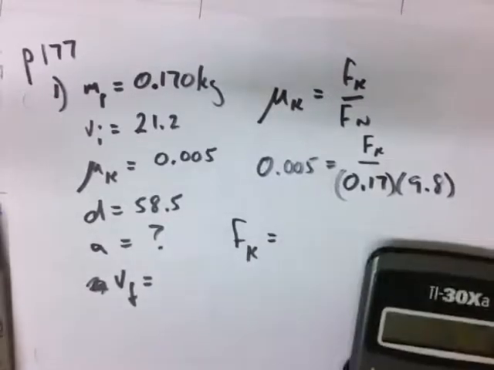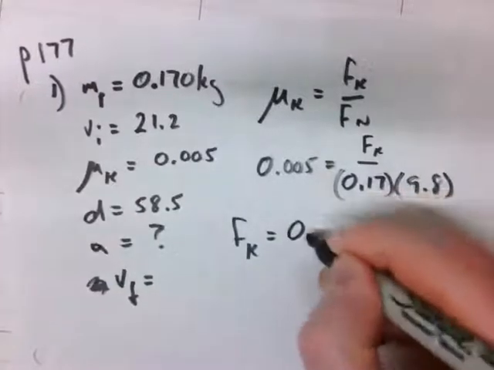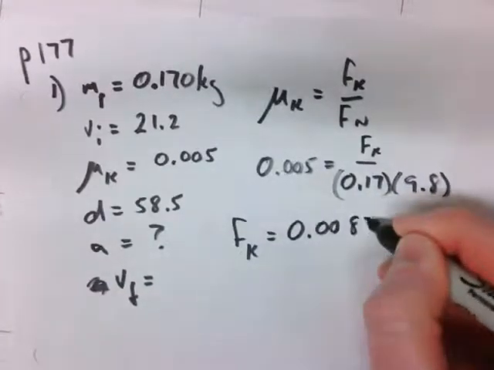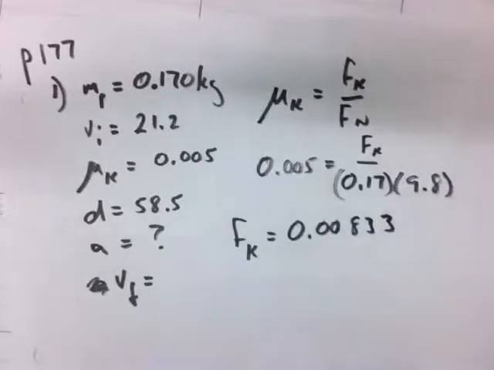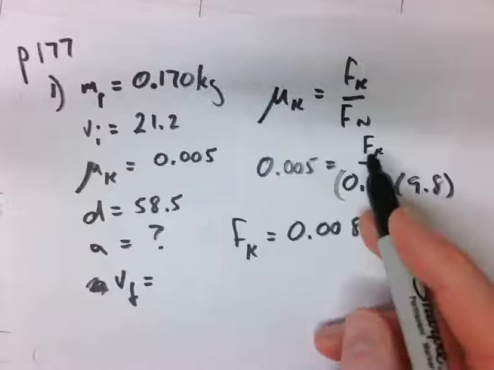So 0.005 times 0.17 times 9.8, 0.00833. This is the force of friction.